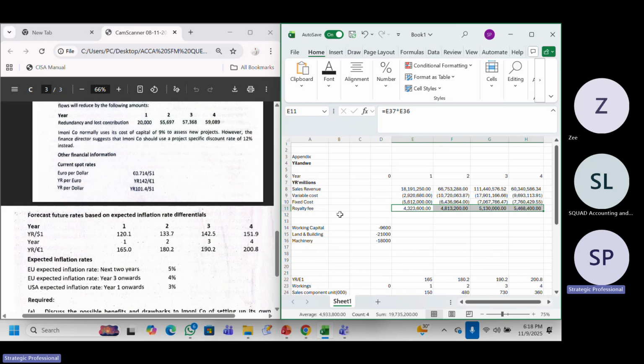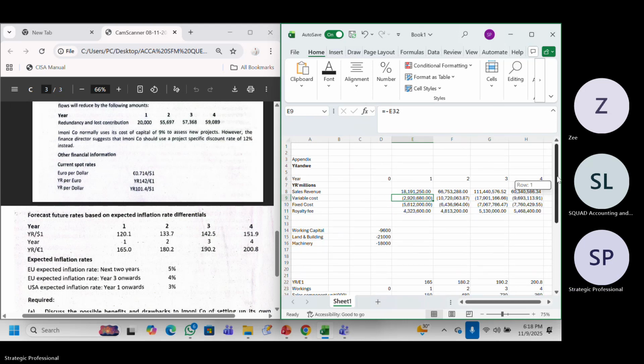There's one we've not done: the contribution of the one of 280, the transfer price. We've not done that one.